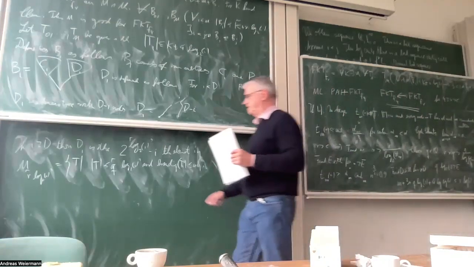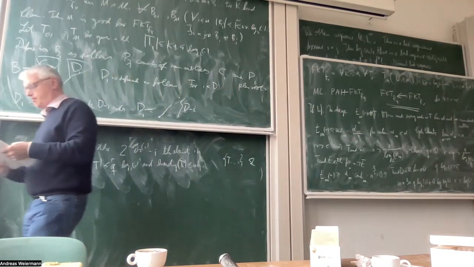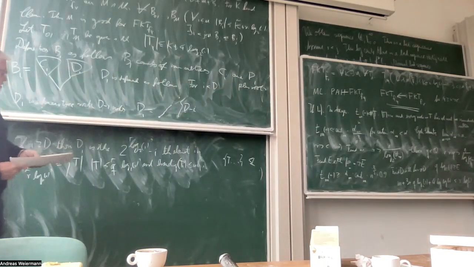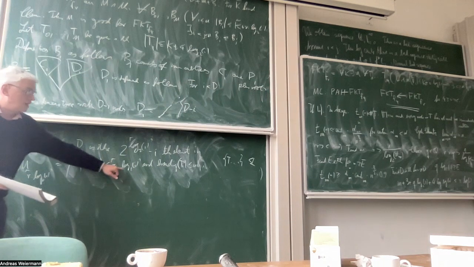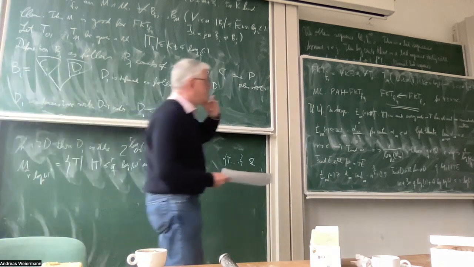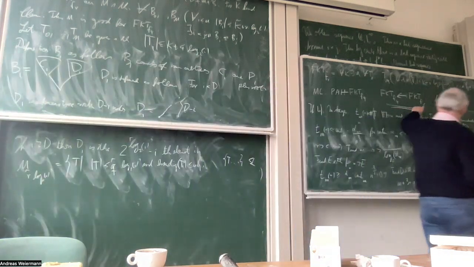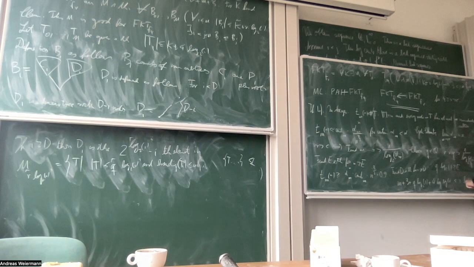I take Q. The point is that the complexities of these trees here have small complexity. Complexity is measured by this function. You see it here.